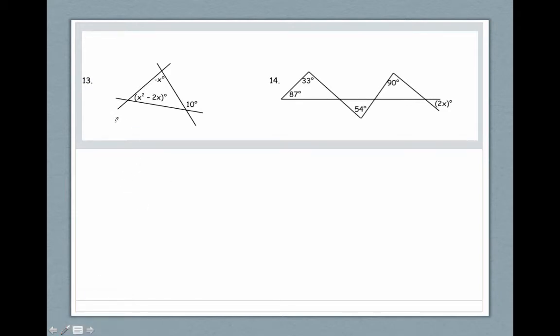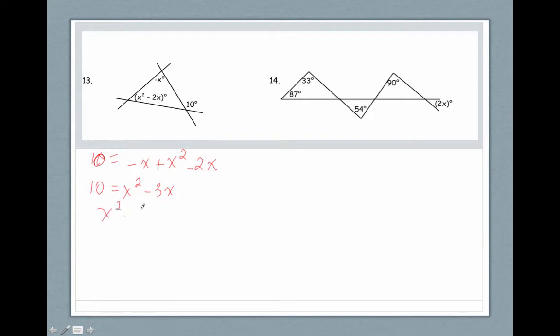Okay, so this one we have 10 equals minus x plus x squared minus 2x. 10 equals x squared minus 3x, and now we have a quadratic.